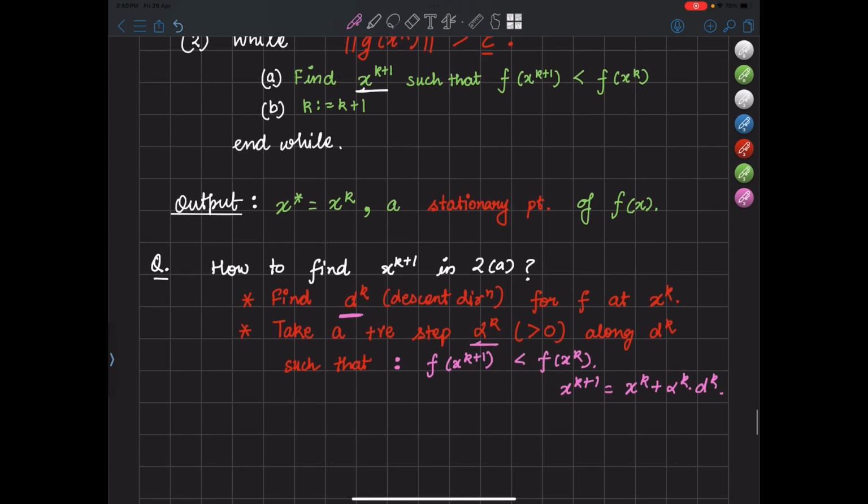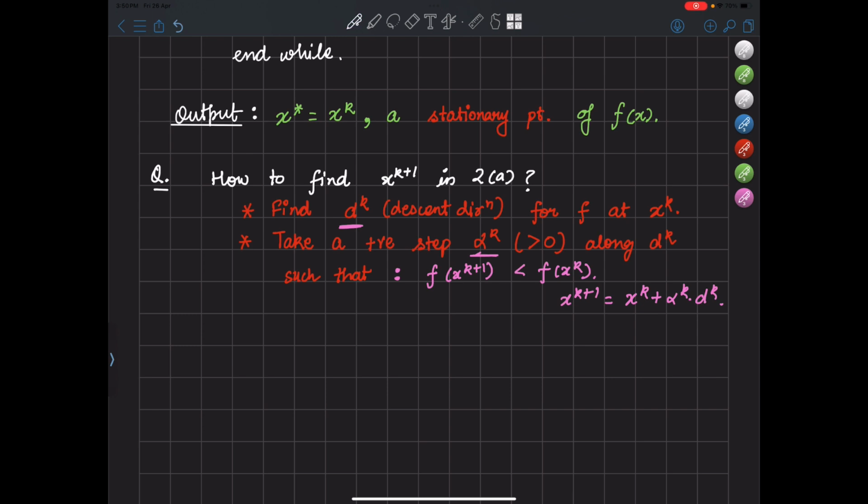So let's look at it visually. Let's say this is xk and we find a new direction dk like this. This is dk. From that we also have to find a new point xk plus 1. This is alpha k, right?